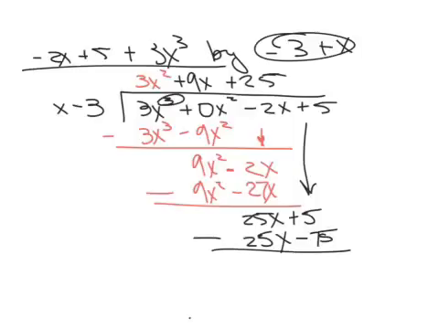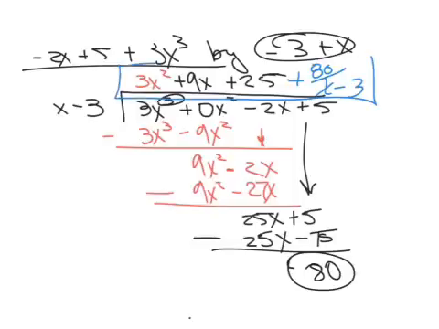Line minus. 5 minus negative 75 is going to be a positive 80. Okay, ran out of letters, so we're done. So we have up on top plus 80 over x minus 3 for our answer.